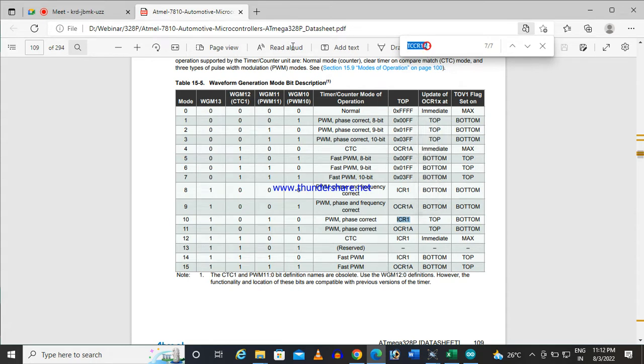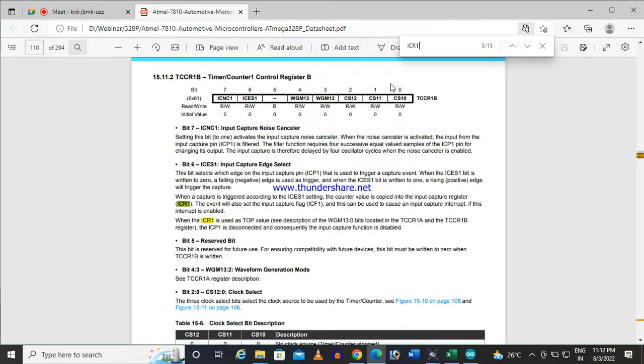In that case, whatever you define in ICR, let us see what ICR is. That is the input capture register.